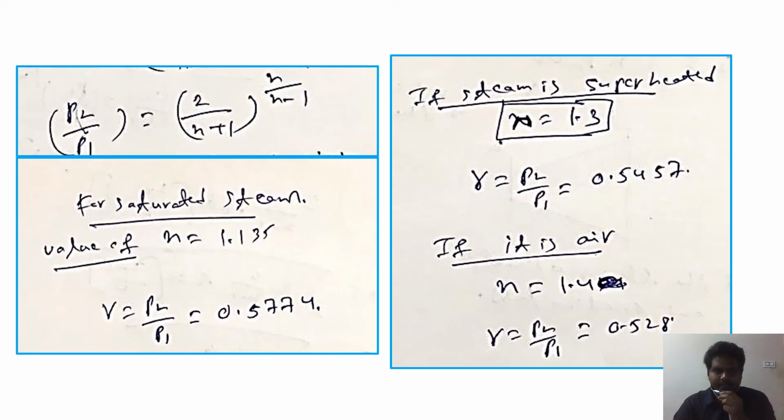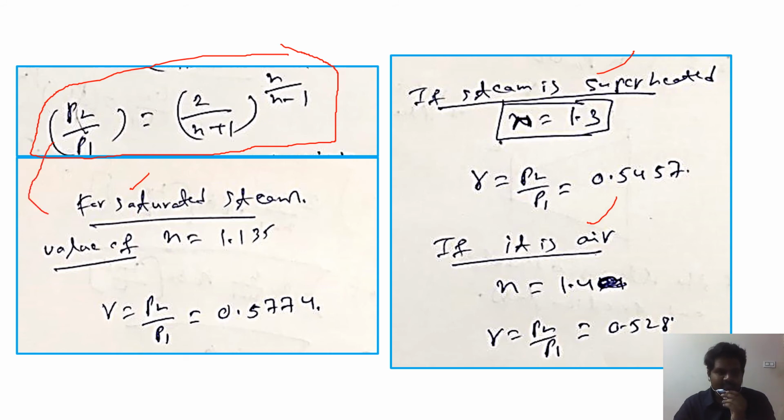Now let us see the pressure ratio for saturated steam, superheated steam and air. As we know, the pressure ratio P2 by P1 equals (2 by n plus 1) whole power n by n minus 1. From this equation we can find the pressure ratio for saturated steam.